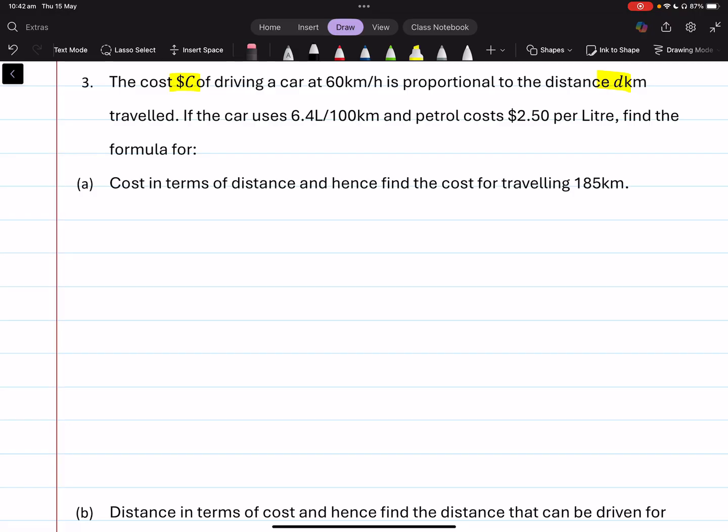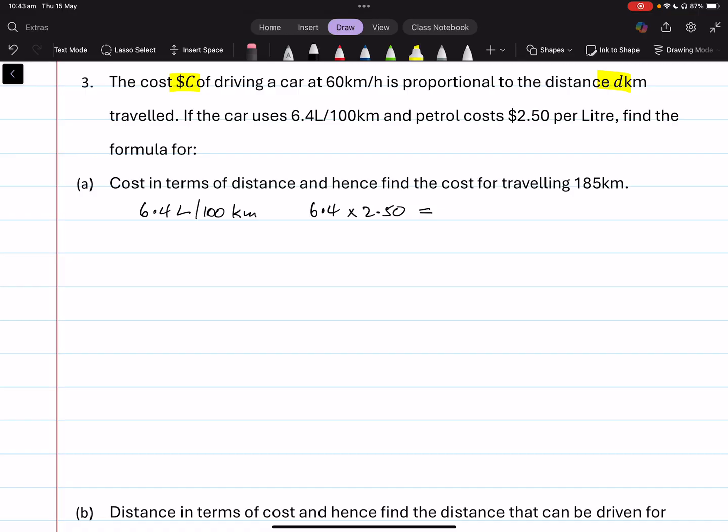Okay, find the cost in terms of distance. Notice that we have 6.4 litres per 100 kilometers. And if we do 6.4 times $2.50, that will tell us how much it costs per 100 kilometers.